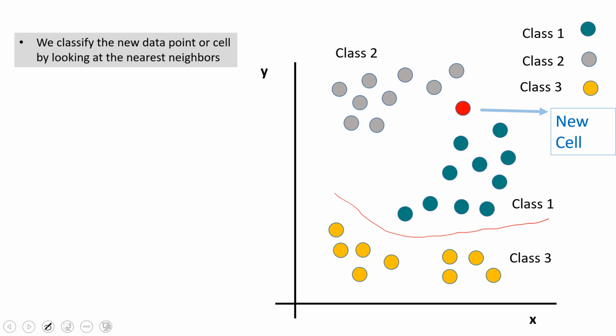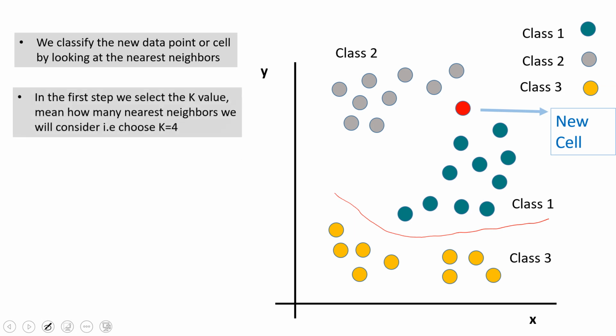So we classify the new data point or cell by looking at the nearest neighbors, in the case of k nearest neighbor. In the first step, we select the k value, meaning how many nearest neighbors we are going to consider. For example, k is equal to 4.